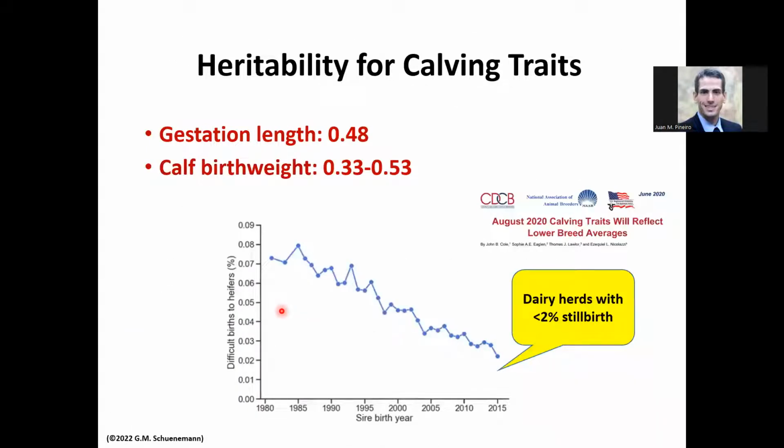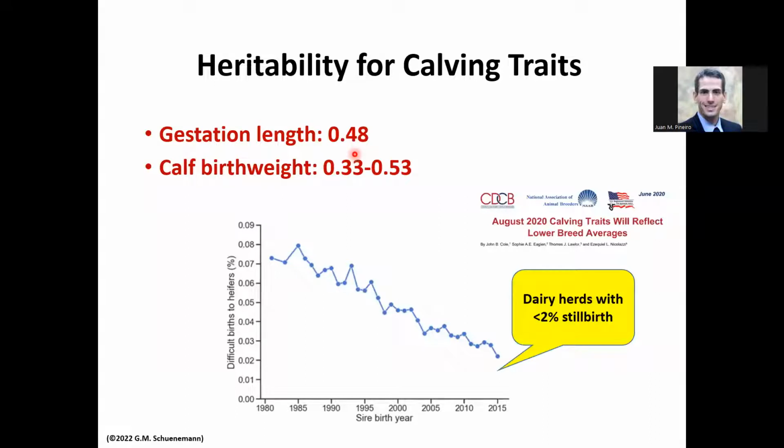Both gestation length and calf birth weight are heritable traits, what we call management traits. I just picked the heritabilities. There is a little bit of variation, but it's almost 0.5 for gestation length. So yes, you can select for gestation length.